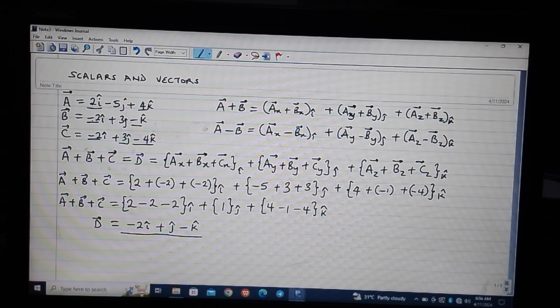Assuming I have two vectors, so I'm going to wipe this off. I consider two other vectors and subtract them.